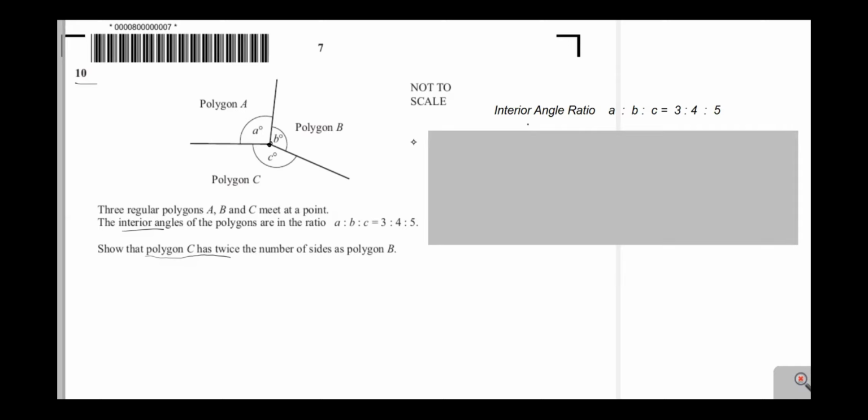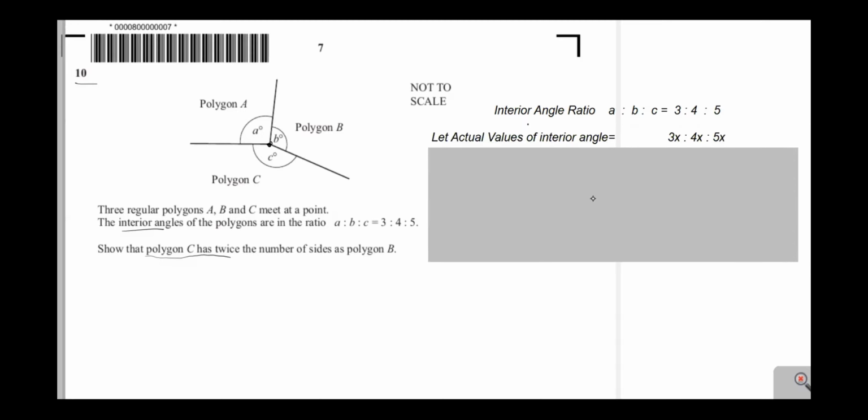To calculate the interior angles, we suppose the actual values are 3x, 4x, and 5x. These are the actual values of the interior angles of polygon A, polygon B, and polygon C. If we multiply these ratio values by a variable, we get the actual values.